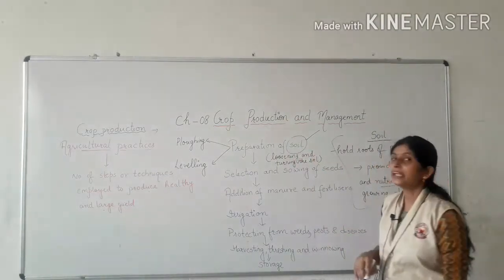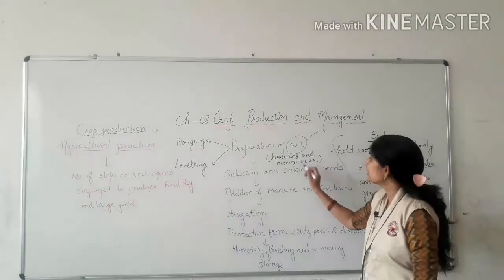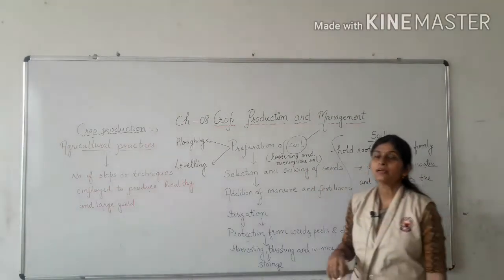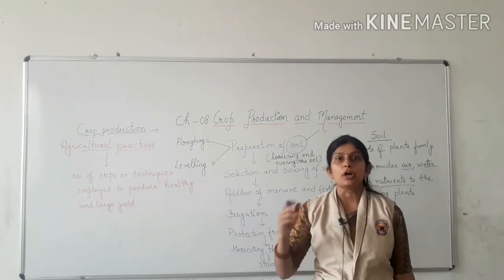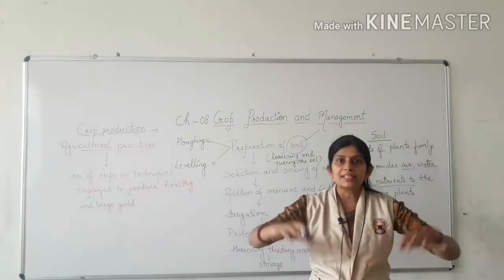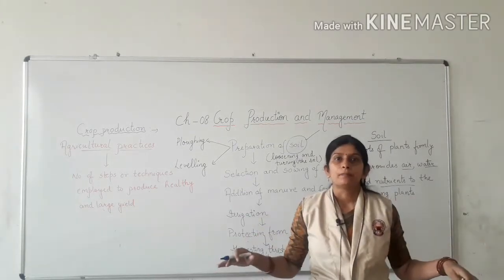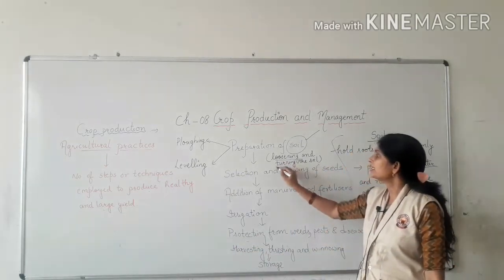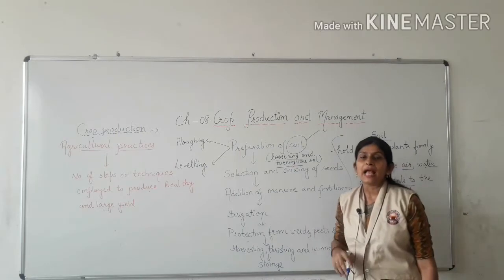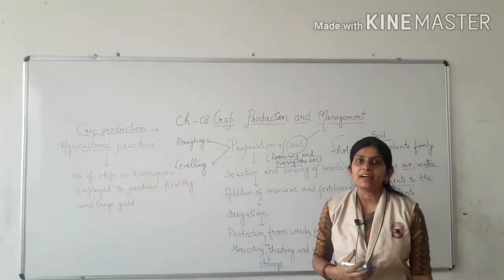Preparation of soil involves loosening and turning of the soil. Means during the preparation of soil, soil is loosened and turned. Why? Because loosened and turned soil has many advantages.